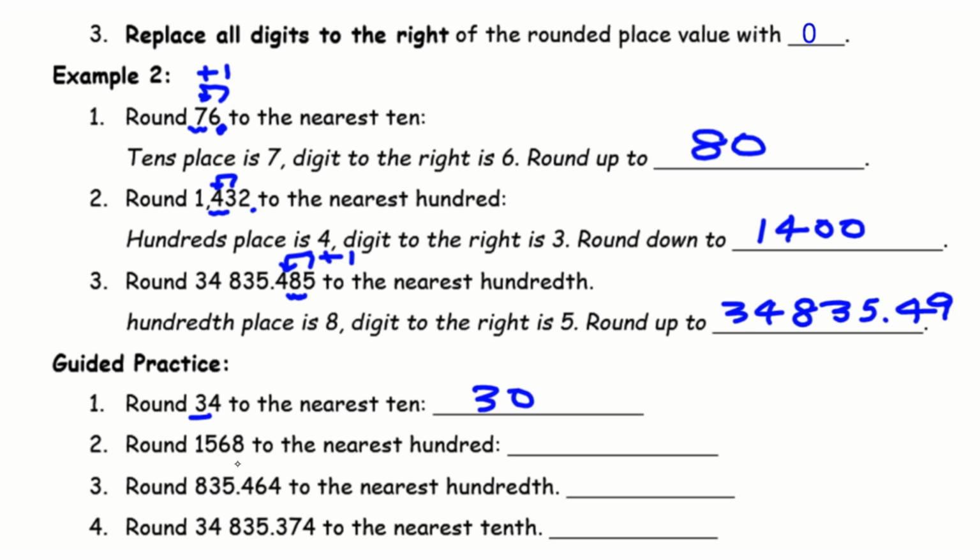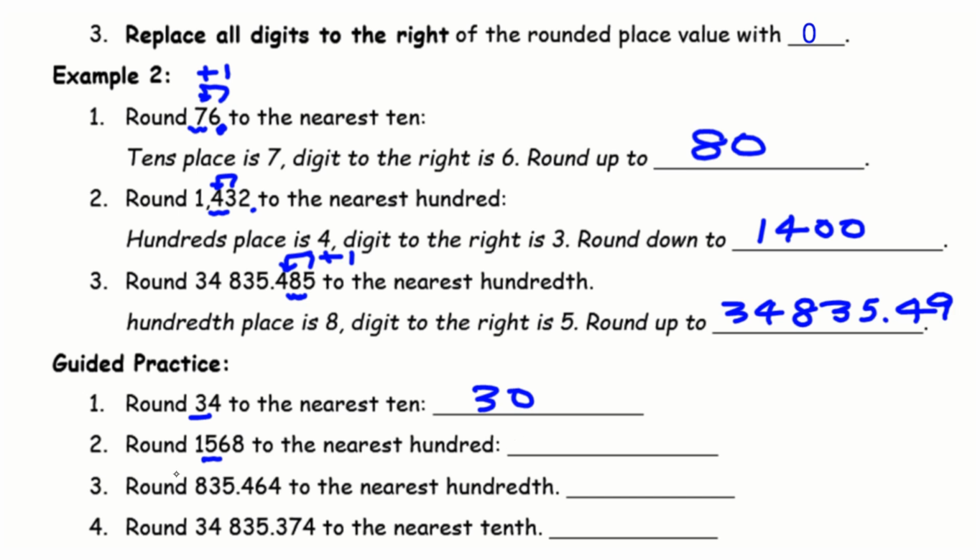This one, to the nearest hundred. So ones, tens, hundreds. The hundreds place value digit is 5. Then the digit to the right of the hundreds place value is 6. 6 is greater than 5, so we add 1 to this 5. So it becomes 6.